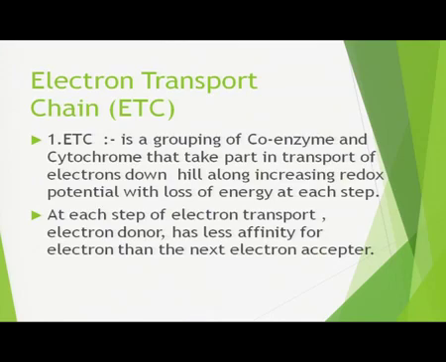First of all, the electron transport chain is a group of coenzymes and cytochromes that take part in the transport of electrons downhill along the increasing redox potential with loss of energy at each step. So, the electron transport chain is a chain of different types of coenzymes and cytochromes.